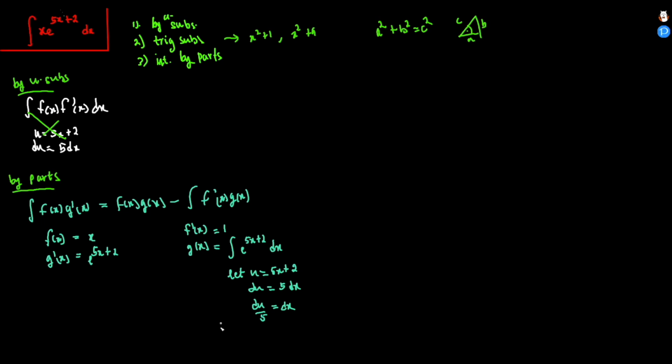We get the integral of e to the u du over 5, so you bring the 1/5 outside, and the integral of e to the u is just e to the u. So this is 1/5 times e to the u, and then you bring this back in, you get e to the 5x plus 2 over 5. Okay, so that's g of x.